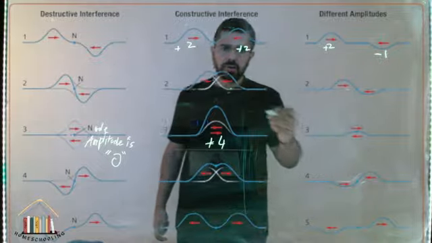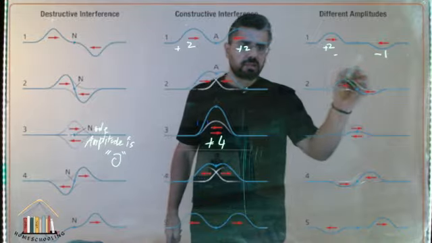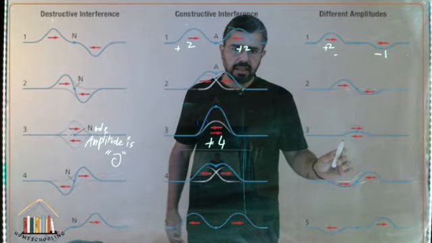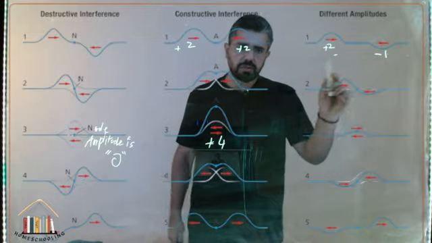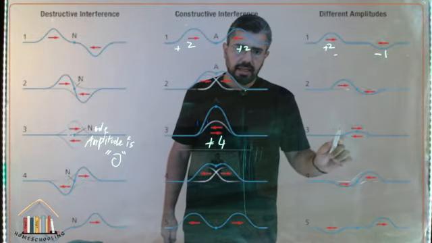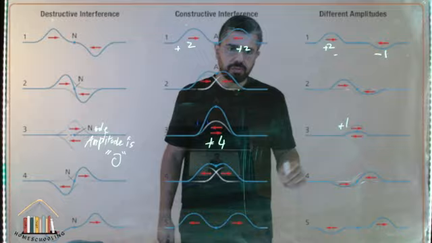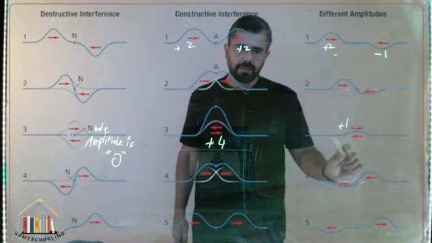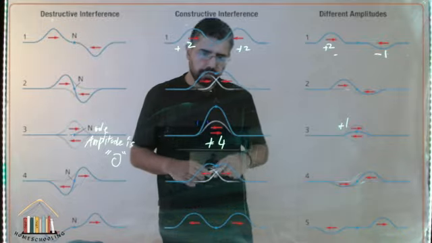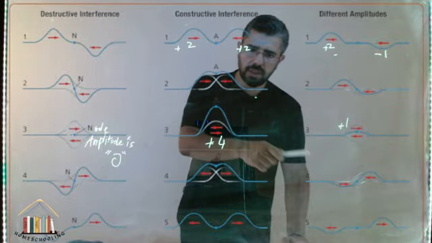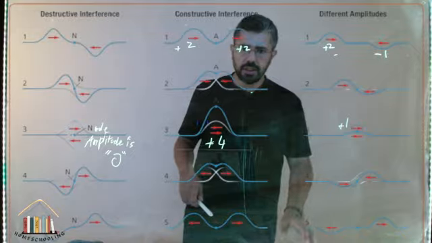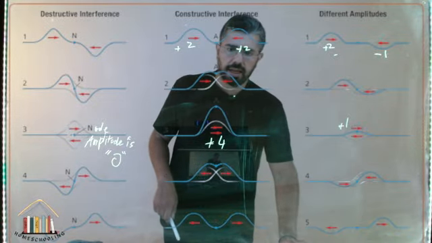Because the amplitude is additive, +2 - 1, the resultant is an amplitude of +1. It's a small wave. Okay, and as in previous examples, the waves continue each in its own direction.